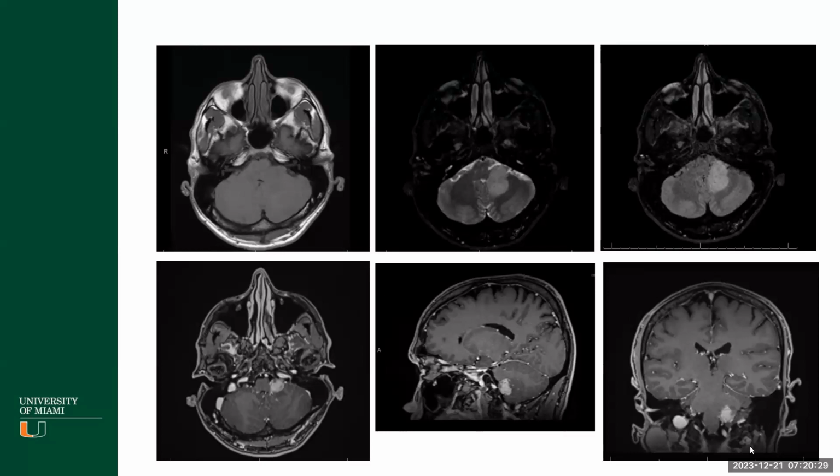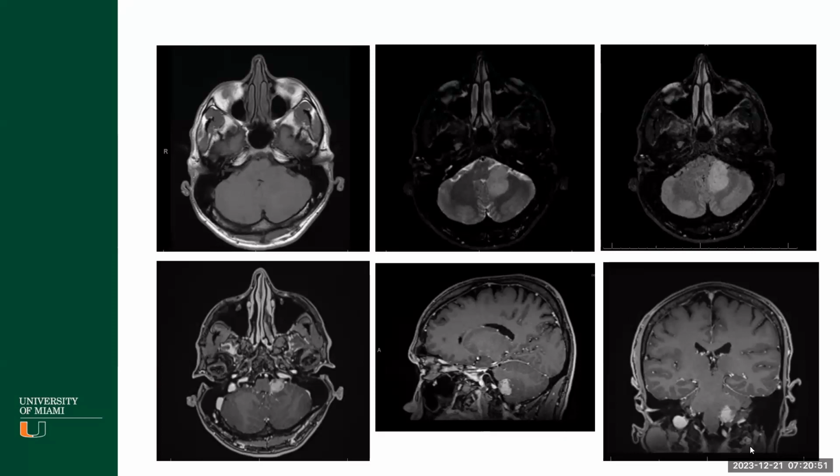So he has this enhancing lesion in the left cerebellar peduncle. It's also hyperintense on the FLAIR imaging. Looks like there may also be some nodular enhancement as well.